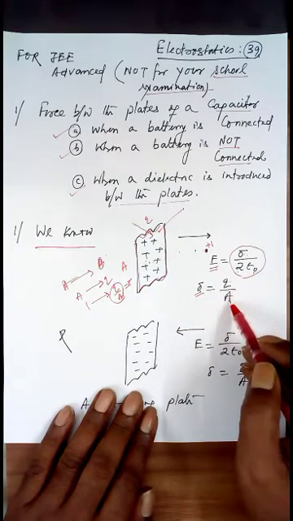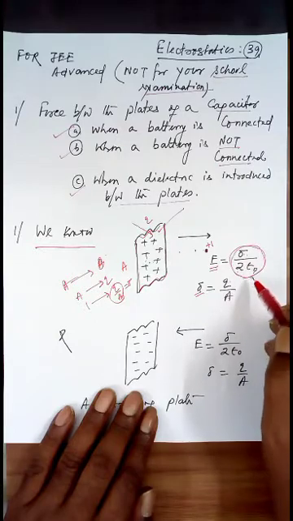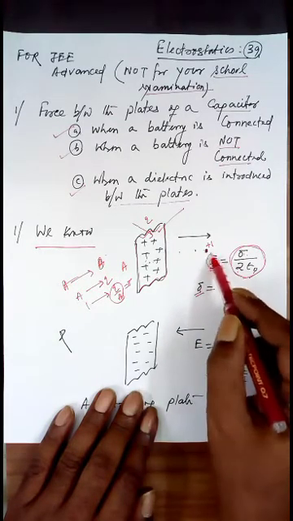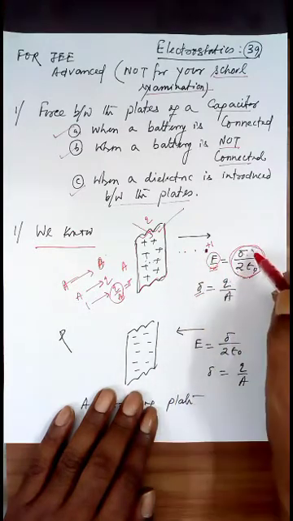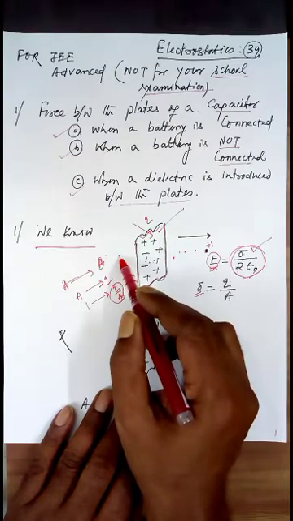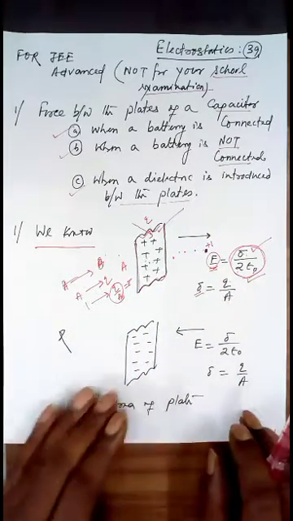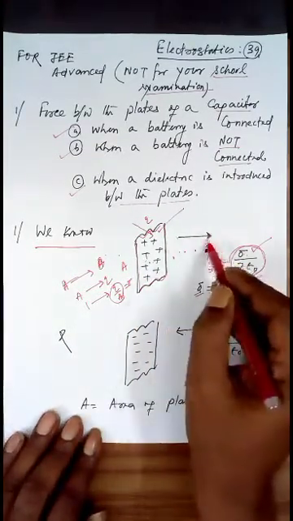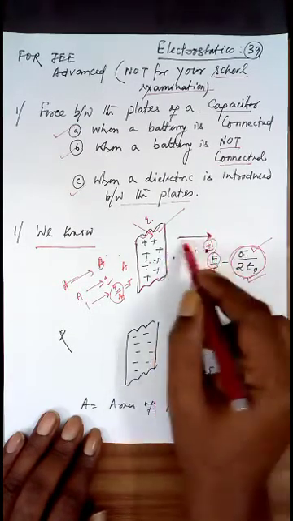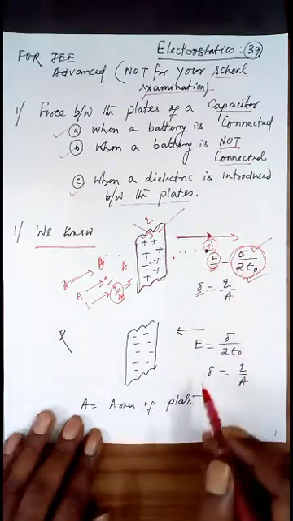Sigma is equal to Q by A. And if you look here, this is not depending on distance. Means here the electric field is this much, here also it is the same, on this side it is also the same. This does not depend on the distance, and it is to this side, because if you keep 1 unit of positive charge, it will be repelled by this, so it is to this side.